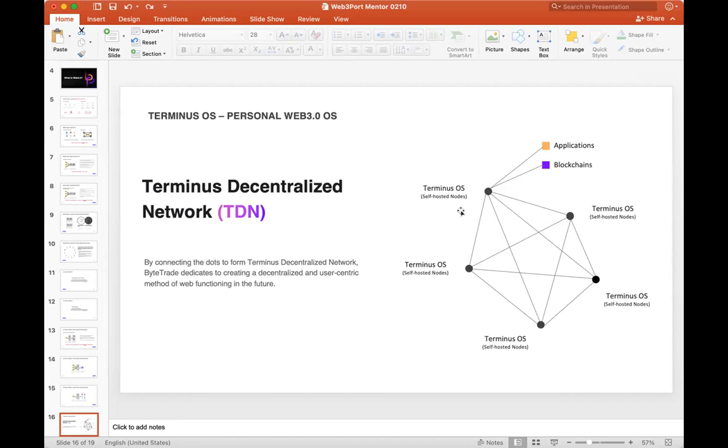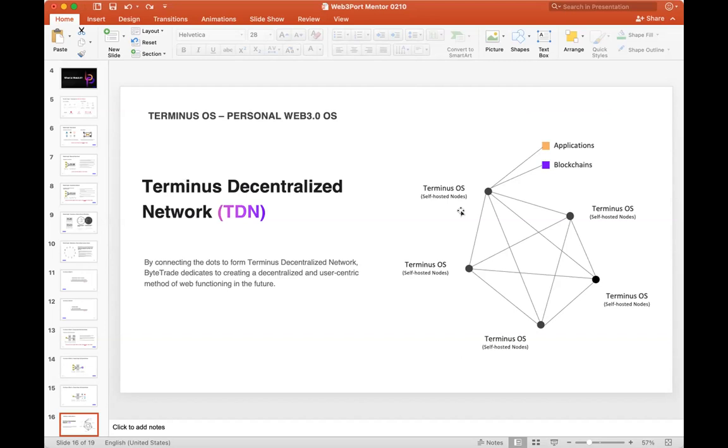In the future, if we develop this decentralized network, people will be able to interact with each other based on, say, blockchain or DID, and all the applications and blockchains will be serving the user and serving the self-hosted nodes.